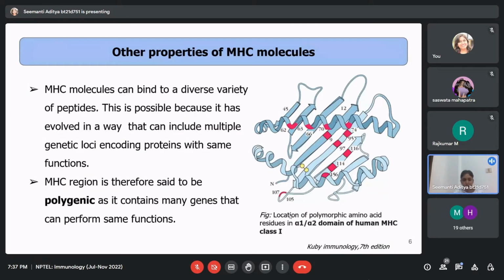So another property of MHC molecule is that MHC molecule can bind to a diverse variety of peptides. So it can bind to a lot of peptides. It is not specific to any kind of antigen or any kind of peptide. This is possible because MHC molecules are evolved in such a way that they include multiple genetic loci. It means in the MHC gene, you have many genes that are encoding proteins that have the same function.